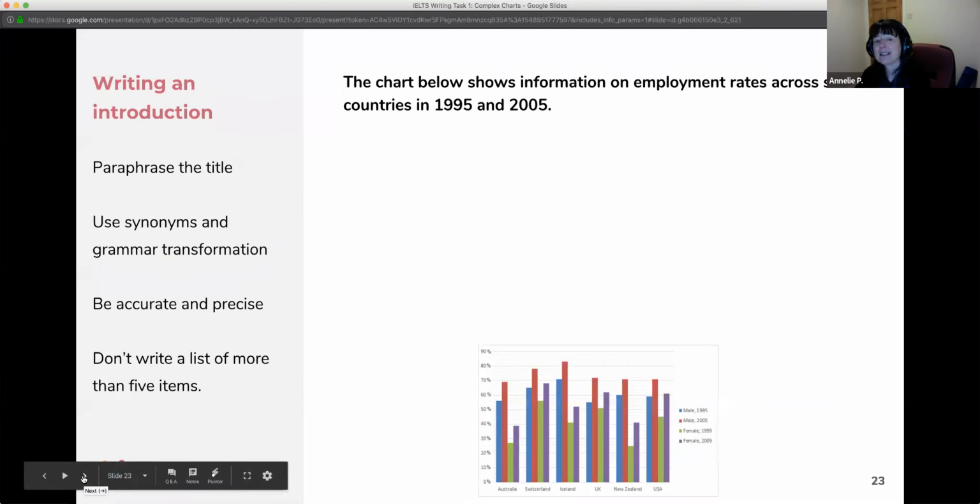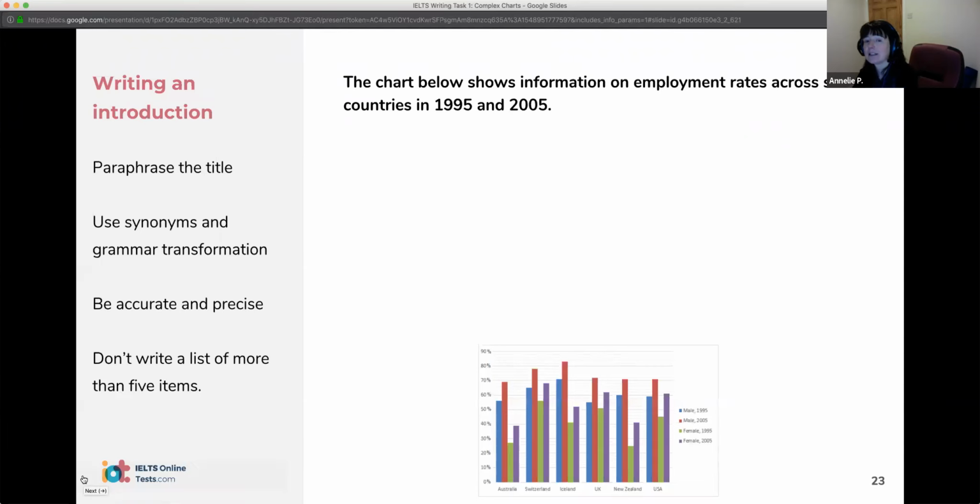What about in 1995 and 2005? Okay, in 2 different years. Okay, remember it's 2 separate years. It's not a period of time. Okay, very nice.